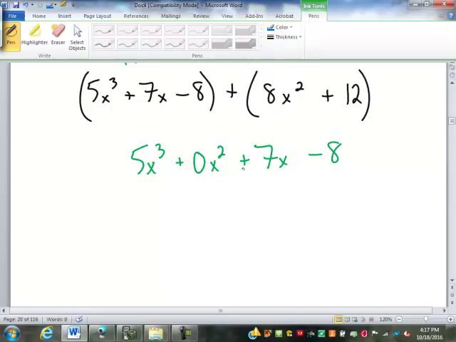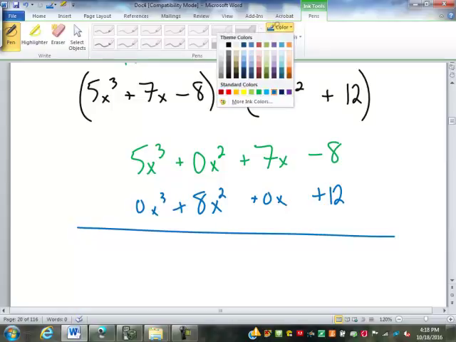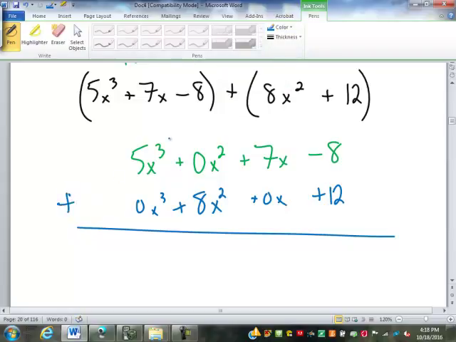Now, in the next number, we do have 8x squared. That has to line up with the other x squared. So I did need the 0x squared in there. Positive 12 is going to line up with the negative 8. I could fill in 0x to the third there if I wanted to. And I am still adding these two numbers.